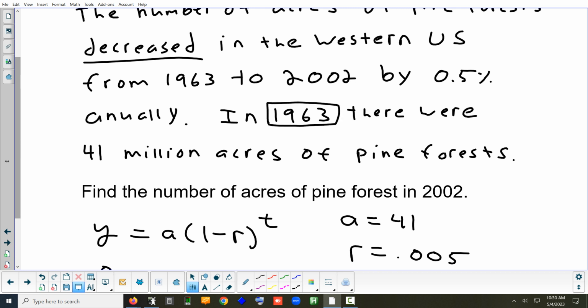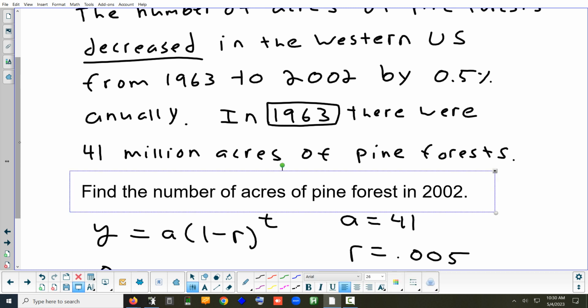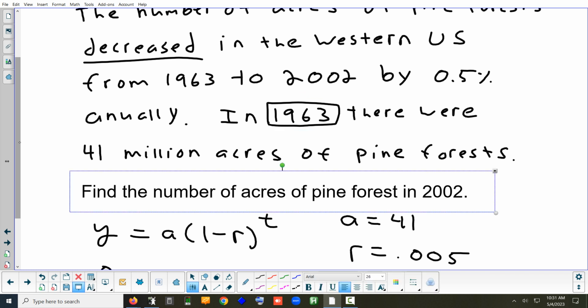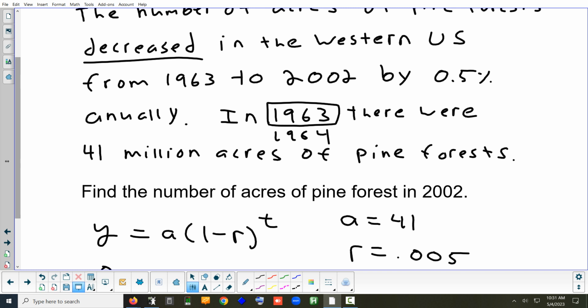If you plug in 2002 for T, that means you want to know what's going to happen 2002 years from now. No, we don't want to know what happens 2,000 years from now. We want to know how many years have gone by between 1963 and 2002. So if they wanted to know 1964, T would be 1, because 1964 is 1 year away from 1963.